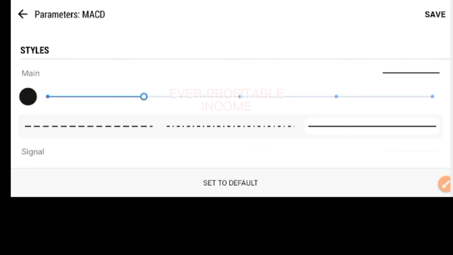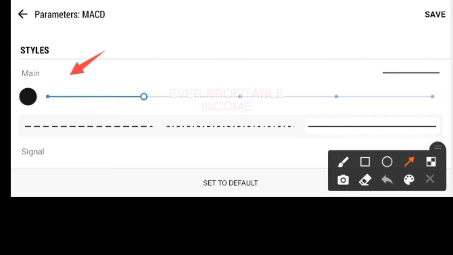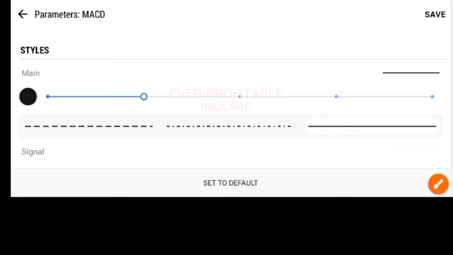Those bars you're seeing on the line, that's the color of the main, which is black. The signal will also have a color, so you just have to make it your background color. I've changed mine already, so make your signal color your background color, white or black depending on the background you're using, and then you click on save.